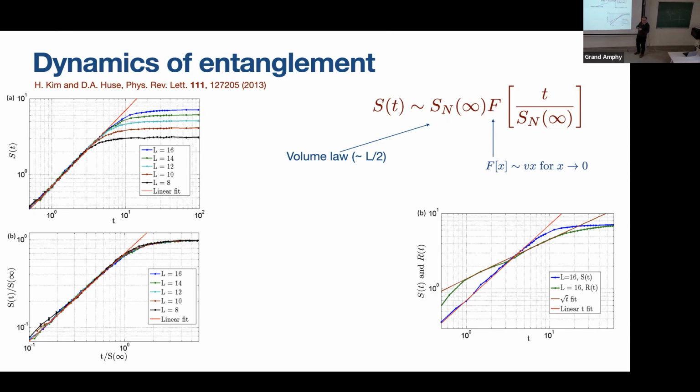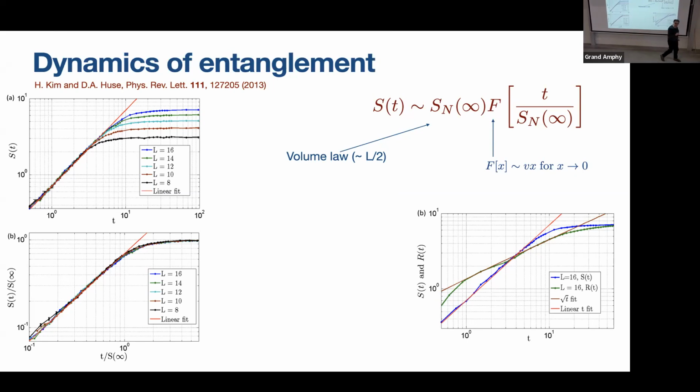If it would apply, then there is no reason why the energy would grow like square root of t. But still entanglement grows linearly and then saturates as a volume law.